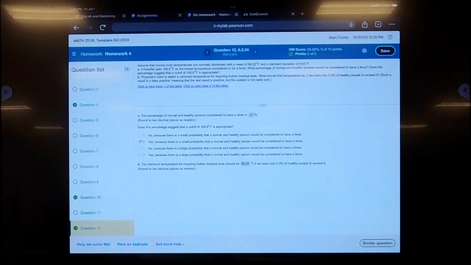What is this area called? Greater than. So it's going to be 0.05, right, it's 5%. Then just include it. Click in that box. Now just type it in and then press enter.